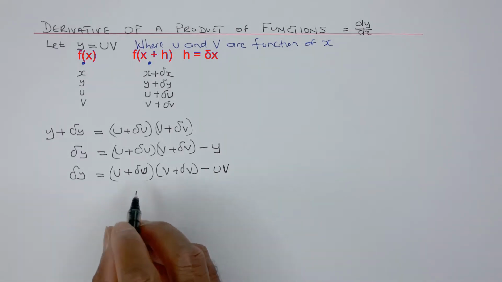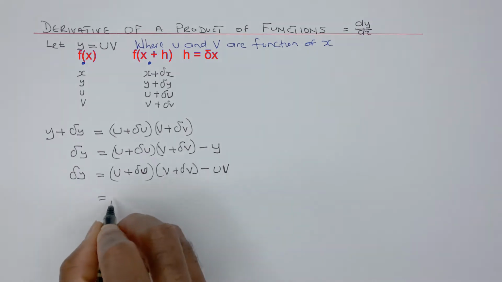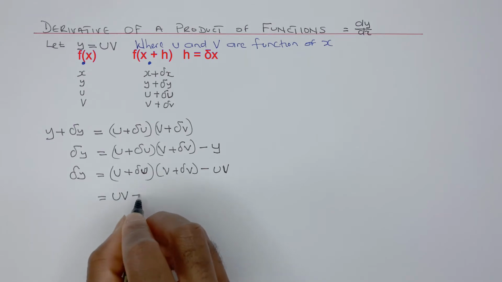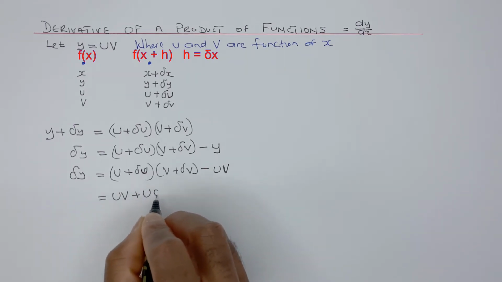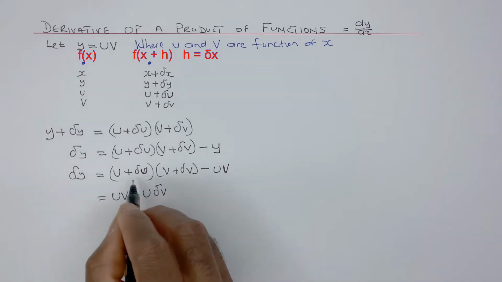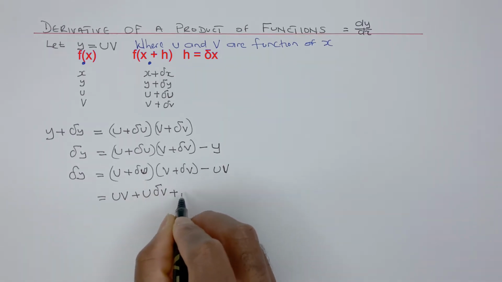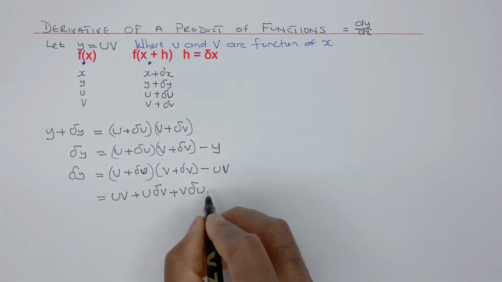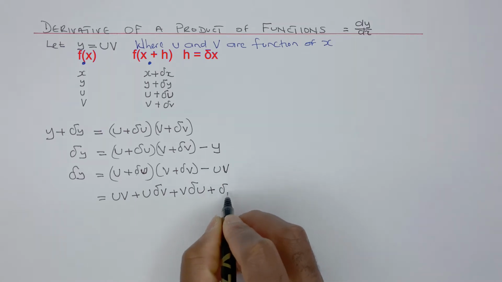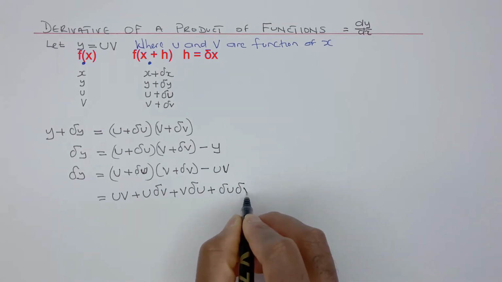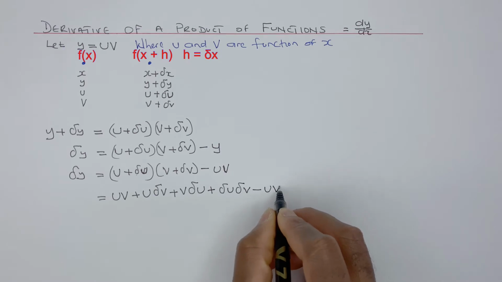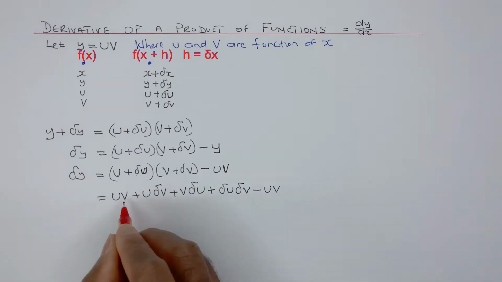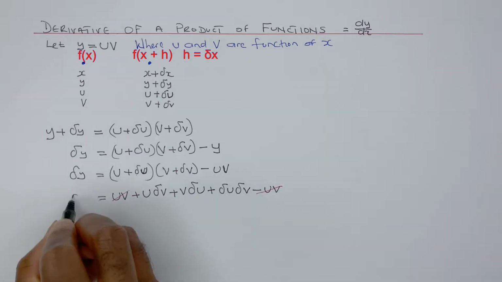So we need to expand this bit here. u times v is uv. u times delta v is plus u delta v. Delta u times v is plus v delta u. Delta u times delta v is plus delta u delta v, minus uv. Now we can see that uv minus uv will cancel out, and then we're left with delta y.